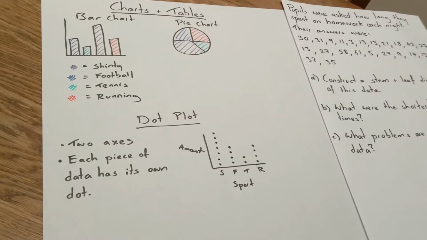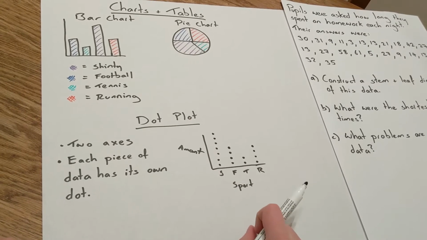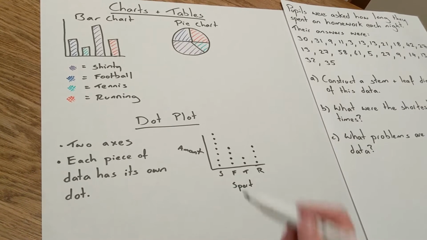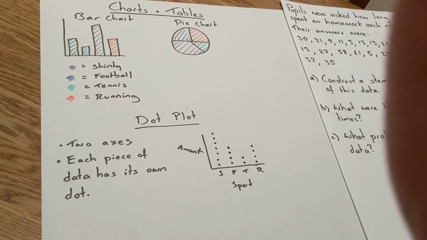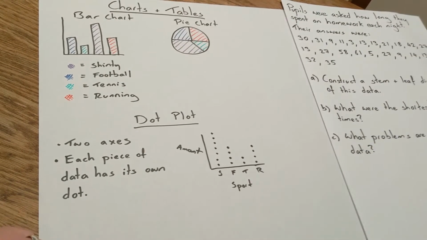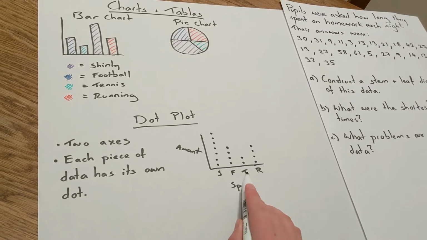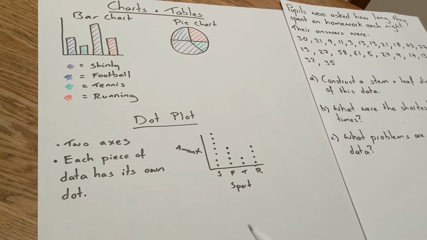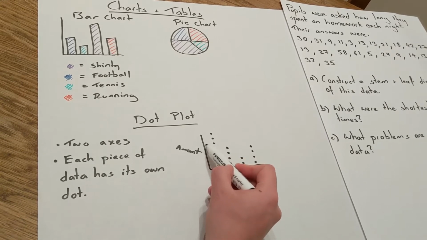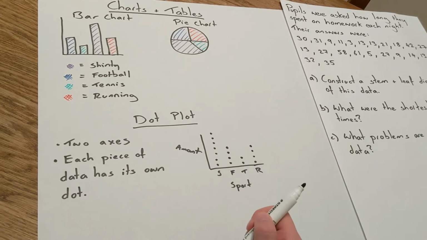That's a dot plot. So your final plot ends up looking very similar to a bar chart, but instead of there being solid bars, you've got instead columns of different numbers. Again, you can see straight away that shinty was the most popular, tennis was the least popular, but we don't need there to be any information on this side for us to see how many people liked everything.